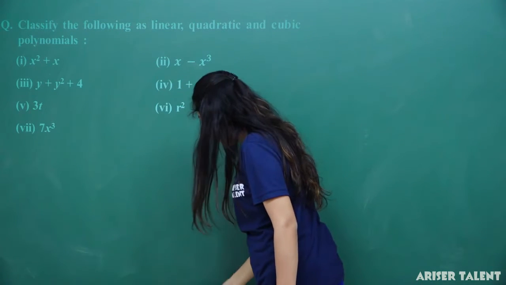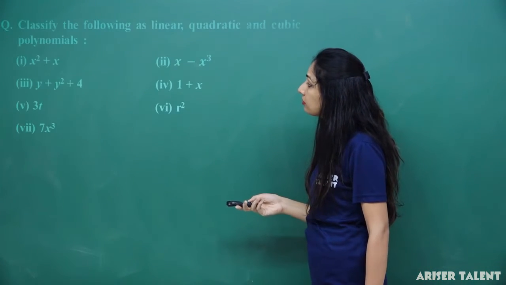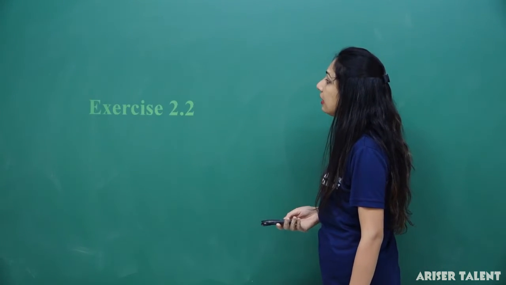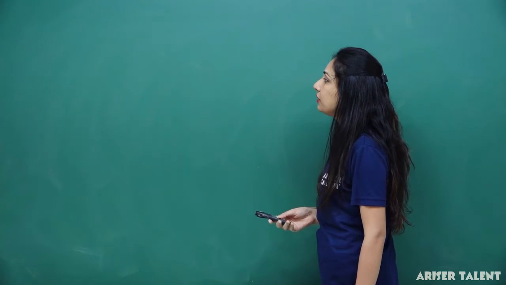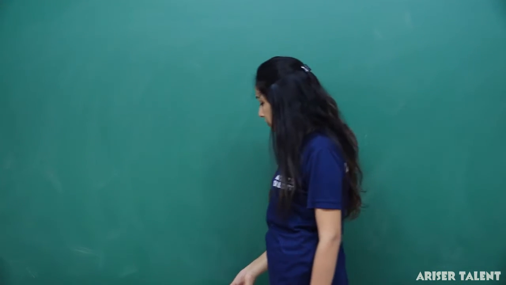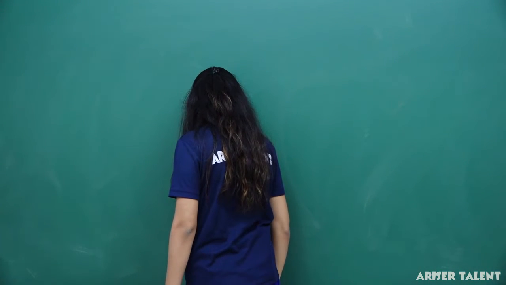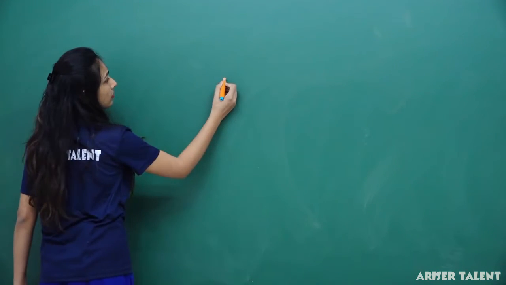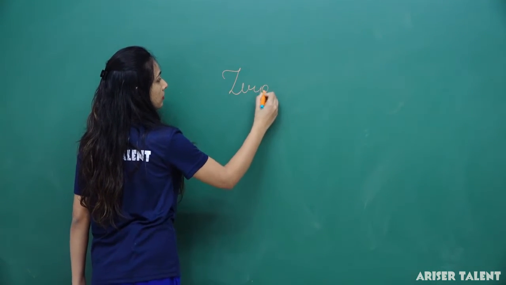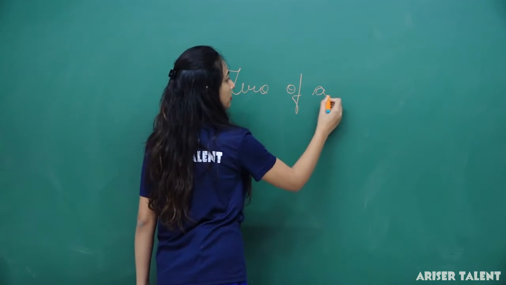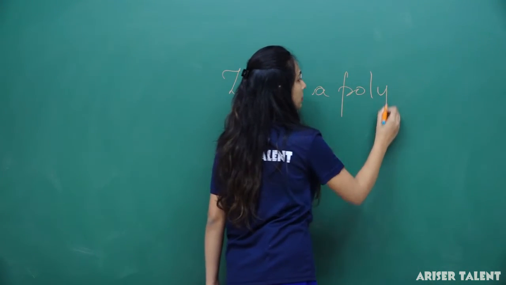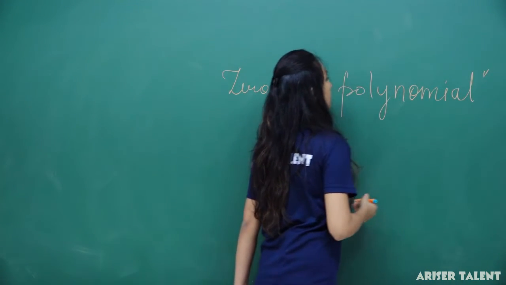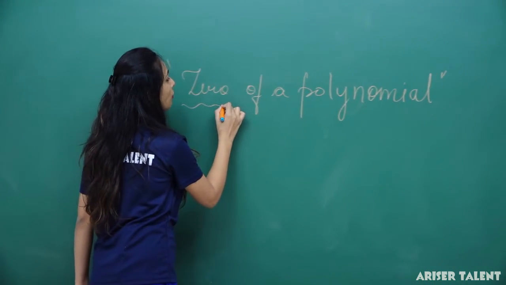Then, next. Okay, we are moving towards another exercise, that is 2.2. Before that, we have to discuss a topic. That particular topic is what? Zero of a polynomial.